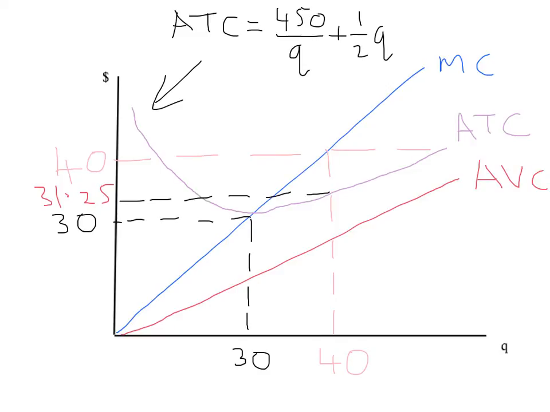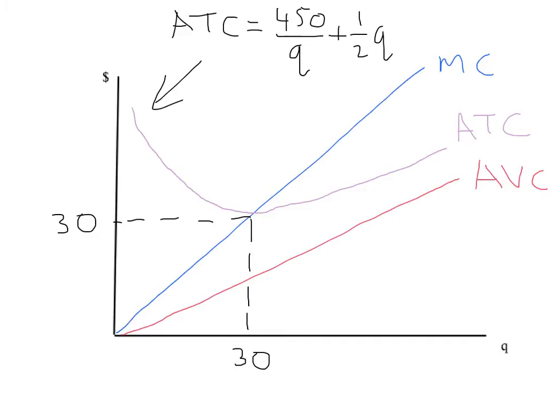Finally, how much profit does this firm make? Well, the amount of profit is simply the blue shaded area here, the difference between the price and the average total cost times quantity, and if you work that out, that blue area there is equal to $350. So this firm, facing a price of 40, makes $350 worth of profit by producing 40 units of output.